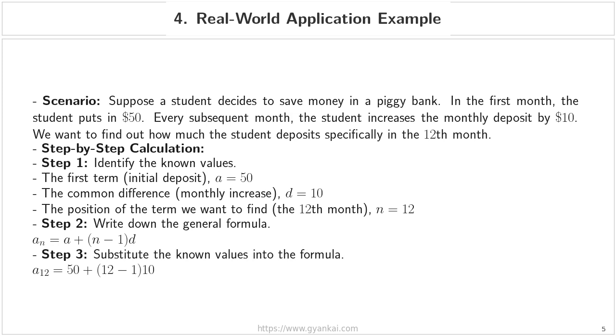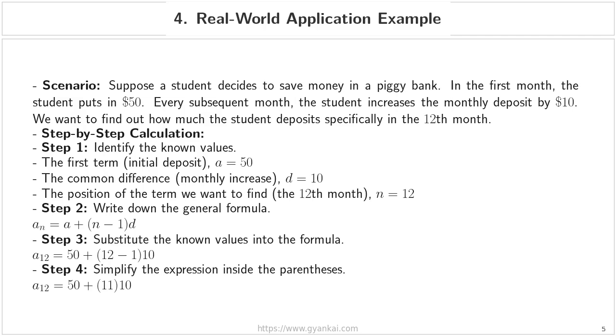Step 3, now we substitute our specific values into that formula. So, a sub 12 equals 50 plus the quantity 12 minus 1, multiplied by 10. Step 4, next, we simplify the expression inside the parentheses. 12 minus 1 gives us 11, so our equation now looks like 50 plus 11, multiplied by 10.